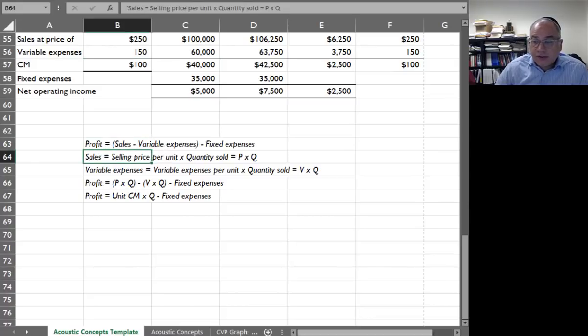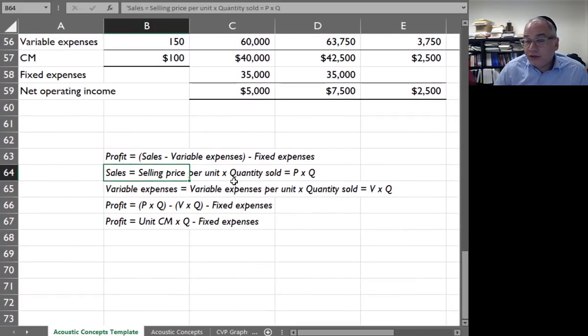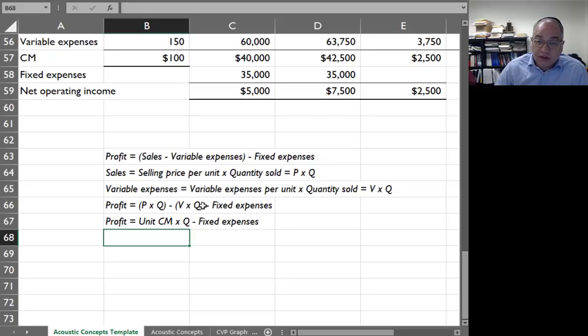Sales equals selling price per unit times quantity sold, right? Sales in this equation is going to be equal to P times Q, price times quantity. And variable expenses is going to be equal to variable expense per unit times quantity sold, or V times Q. So we can rewrite profit equals sales minus variable expenses minus fixed expenses as profit equals P times Q, minus V times Q, minus fixed expenses.